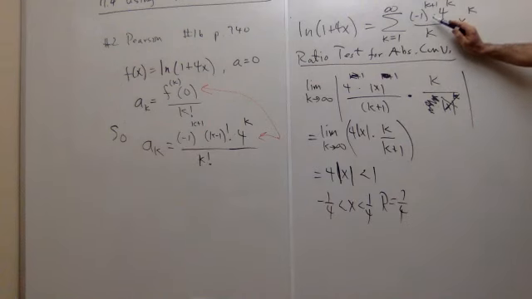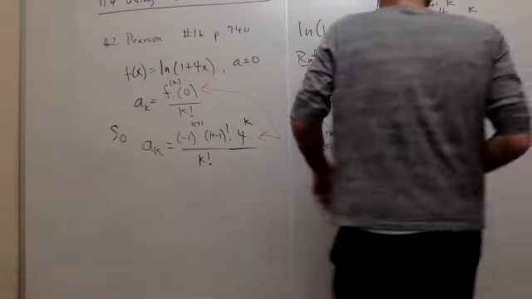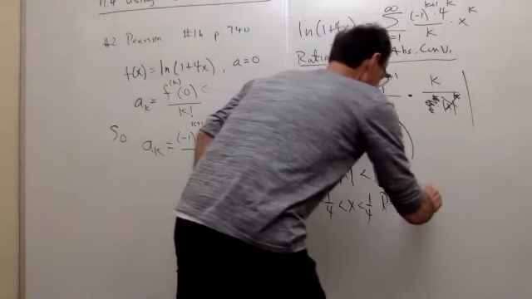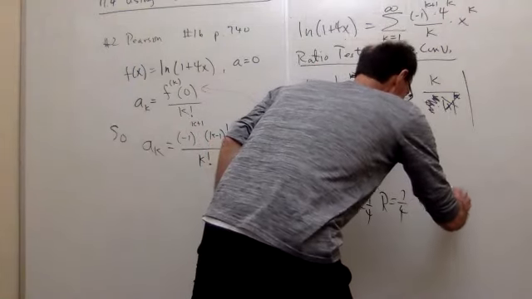And then we get the alternating harmonic series. Just this k survives. It's alternating, and we know the alternating harmonic series converges. So at the upper endpoint, we get convergence.